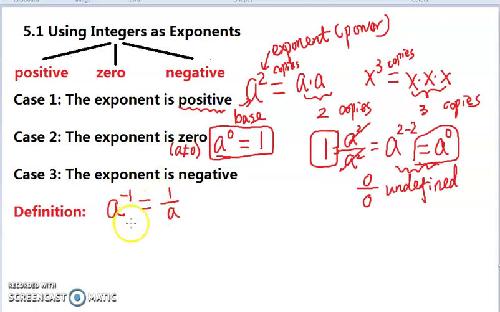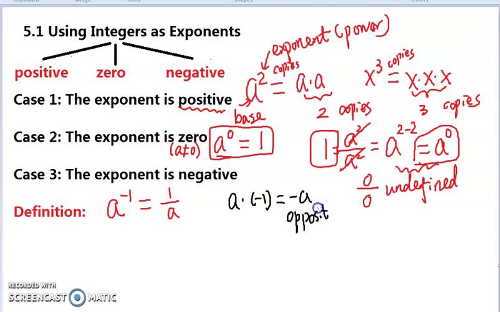One thing we need to be careful is some students got confused by a raised to negative 1 and a times negative 1. They are completely different. If we don't raise to the negative 1, we just do a times negative 1, we're going to get negative a, which is called the opposite of a.